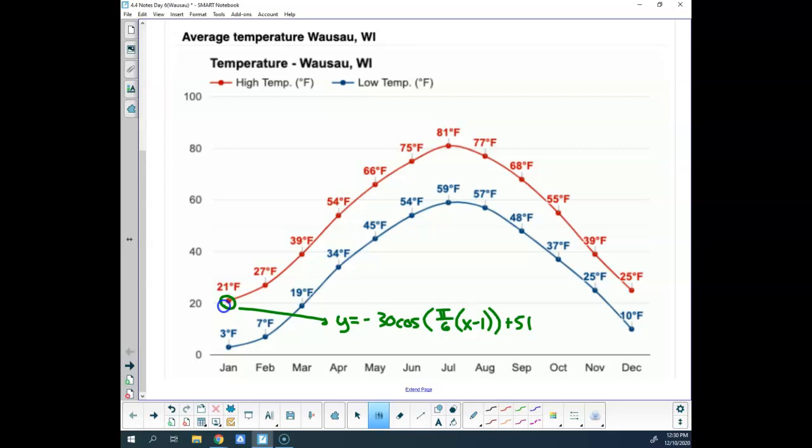If we would have started again with January being month number 1, but started up here, then it would be y equals positive 30 cosine of pi over 6 times the quantity x minus 7, then plus 51.